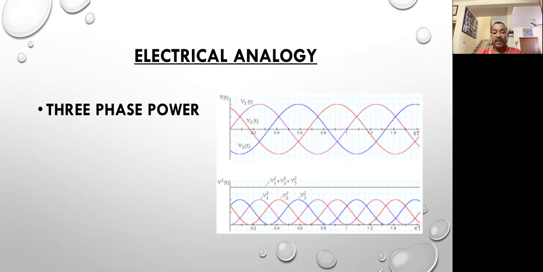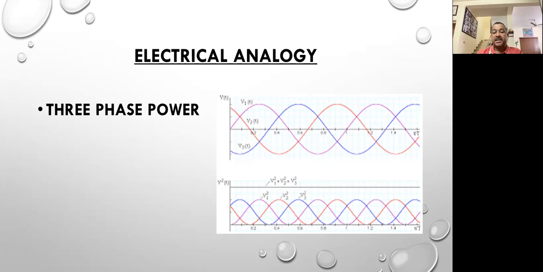Now we have to add up the power of all these three voltages. Add up what you get from the graph. You can see that it is a very smooth electrical power.